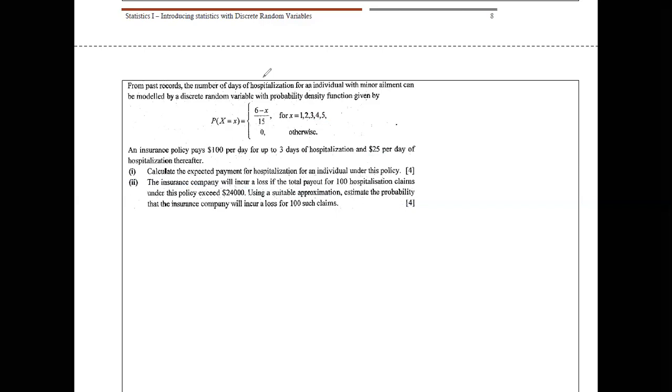First of all, what we can do is to come up with the distribution table. Currently we have 5 columns: 1, 2, 3, 4, 5.